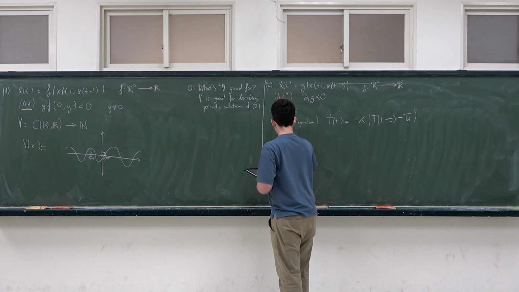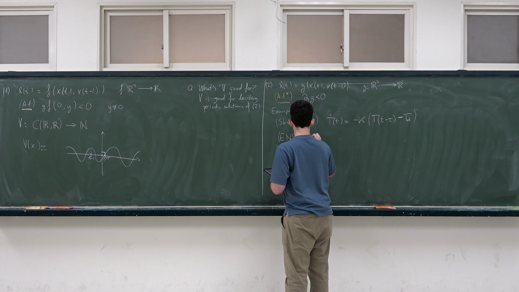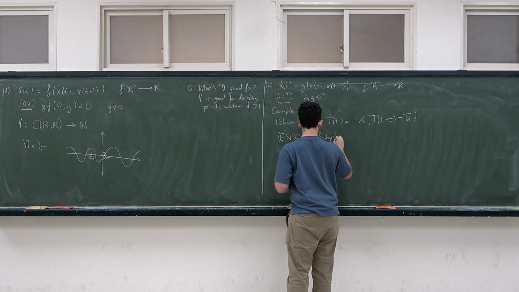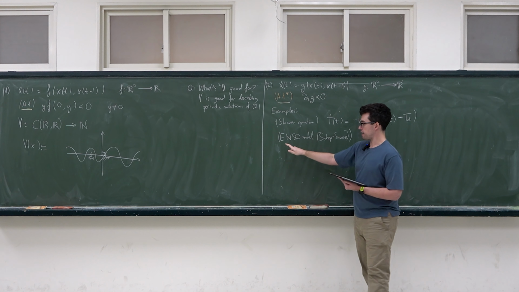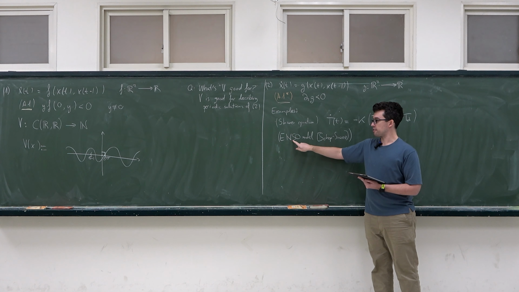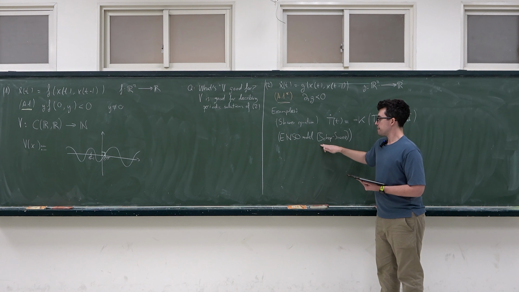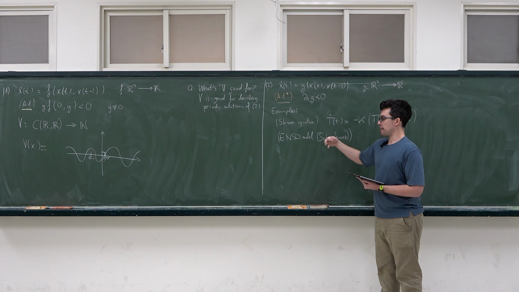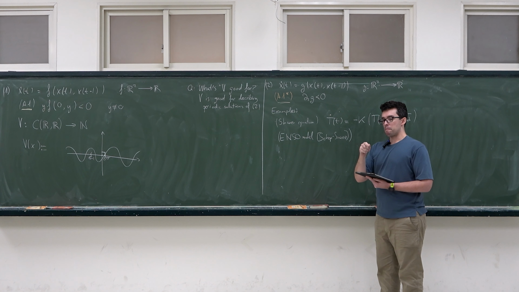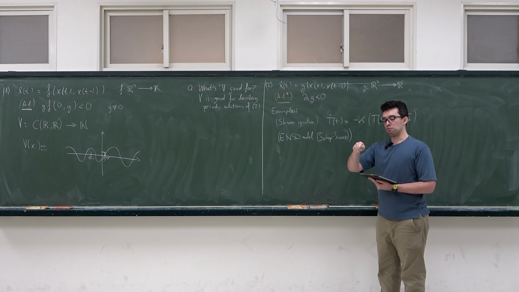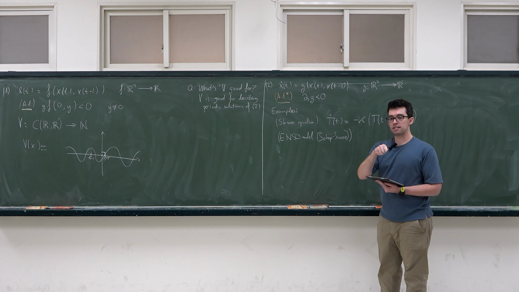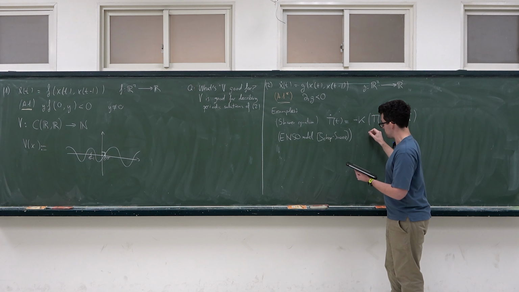There is an ENSO model by Schopf and Suarez. ENSO stands for El Niño Southern Oscillation phenomenon. So this is a periodic weather oscillation happening in the Pacific, right? And these guys claimed that these oscillations could be generated by traveling waves of warm water in oceanic currents. And they proposed a model for this.